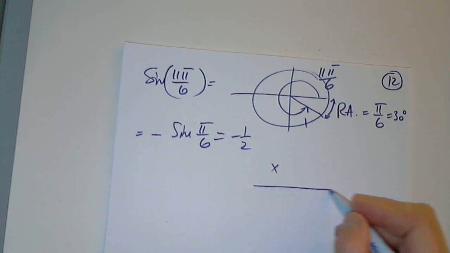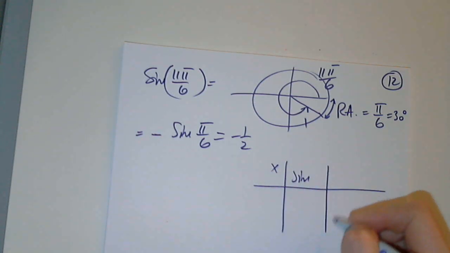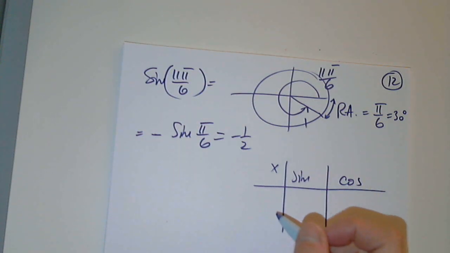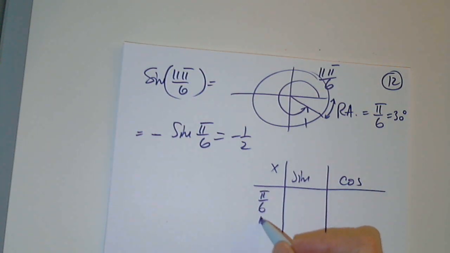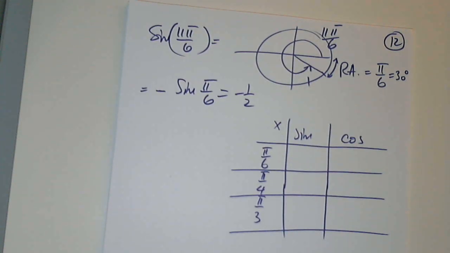So all you have to remember is this. Sine, cosine. And this is pi over 6, pi over 4, and pi over 3. So let's do this together so you can understand how easy it is to remember these three numbers.